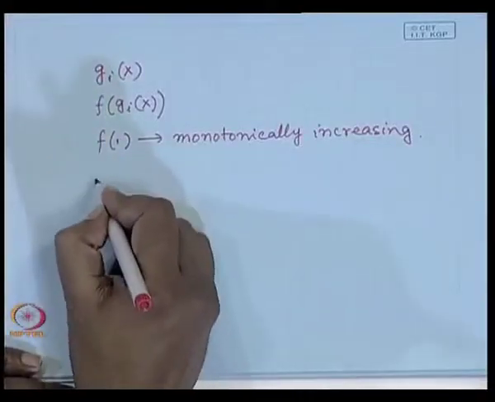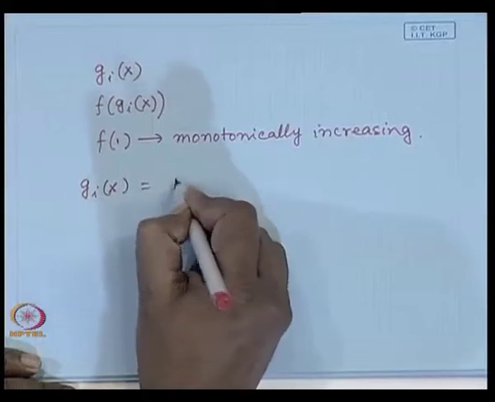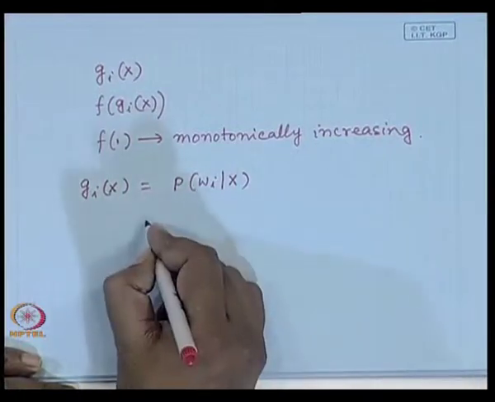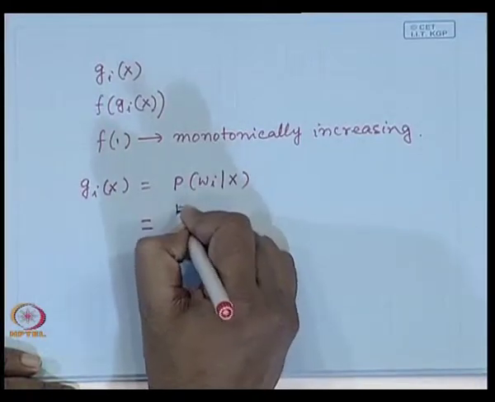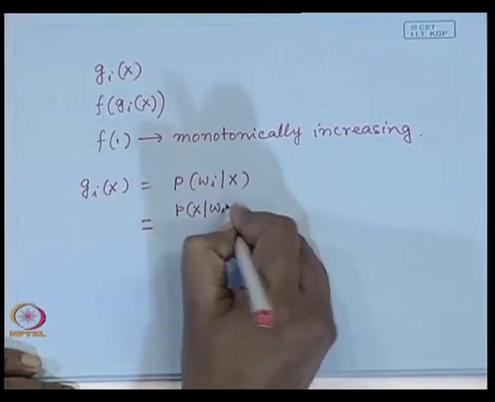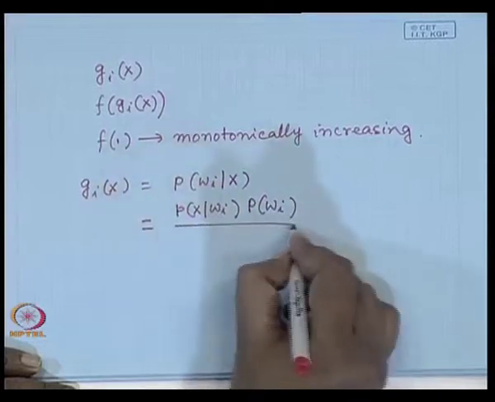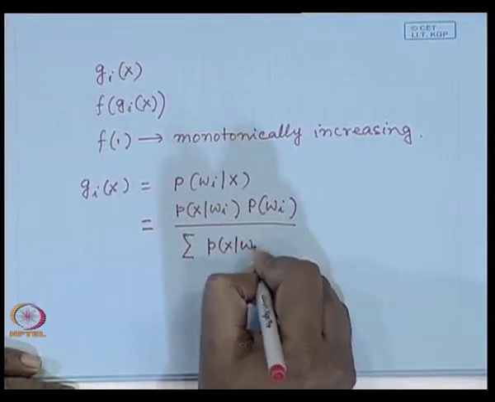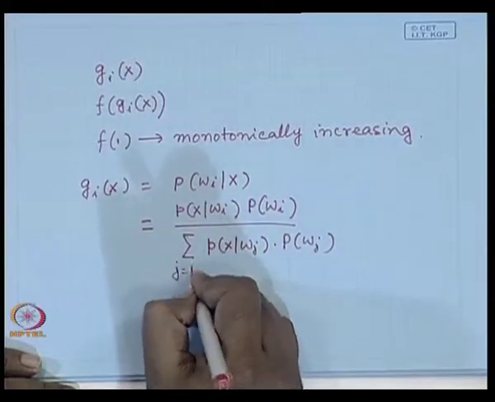Okay. So, coming to a very simple example, the minimum error rate classification, we have said that g_i(x) is nothing but p of omega i given x. If I expand this, it simply becomes p of x given omega i into a priori probability p of omega i, upon summation of p of x given omega j into p of omega j for j varying from 1 to c.